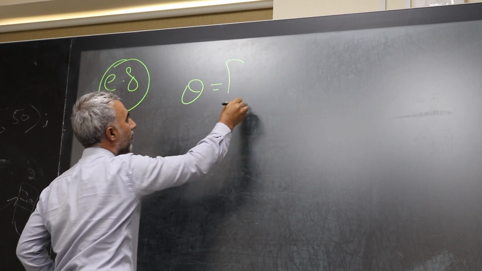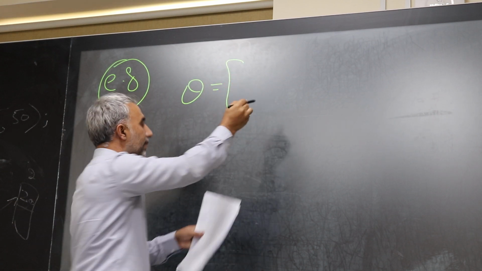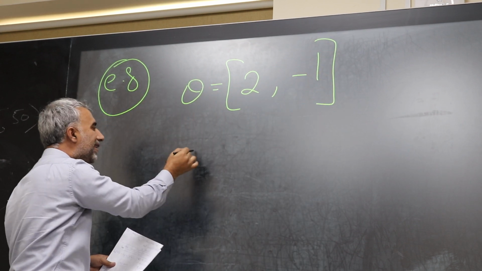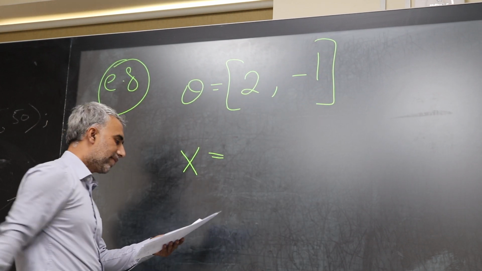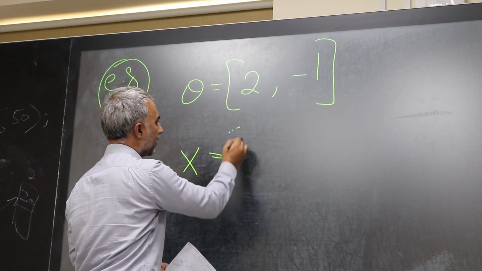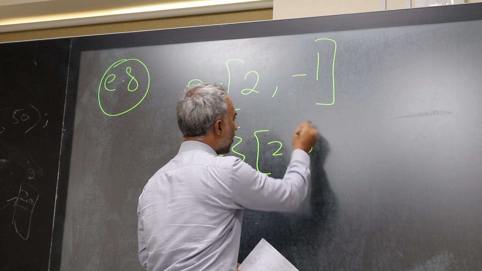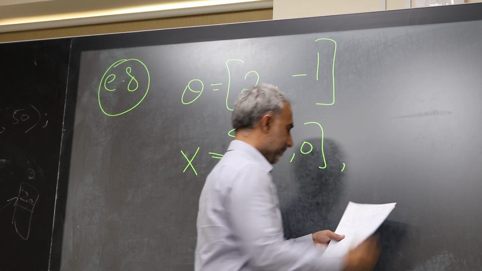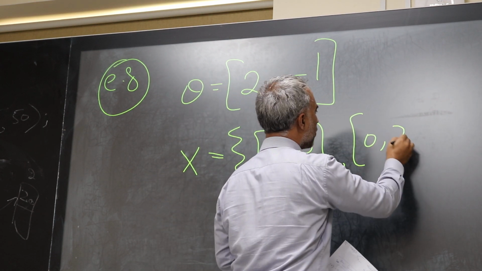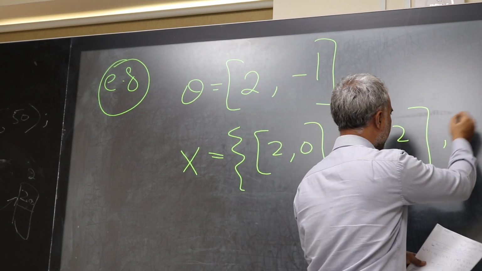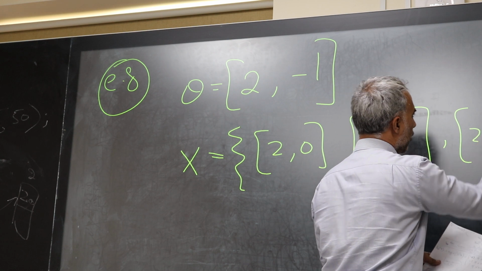Suppose there is a weight vector 2, -1, and there are feature vectors, which can be 2, 0, then 0, 2. They can also be written with small parentheses as points, and 2, 4.